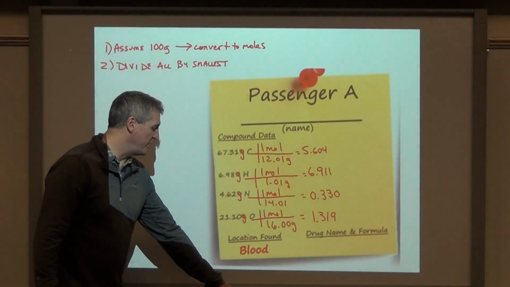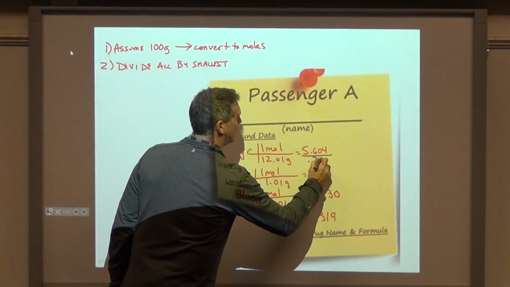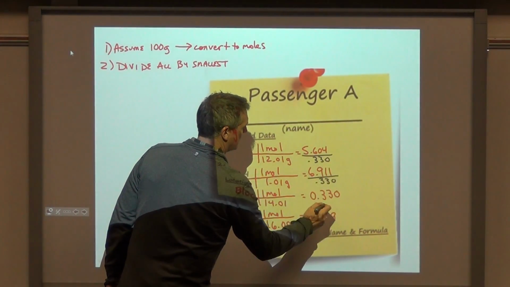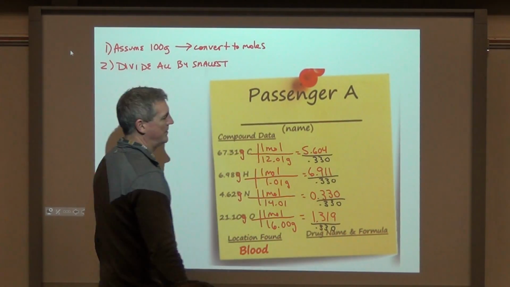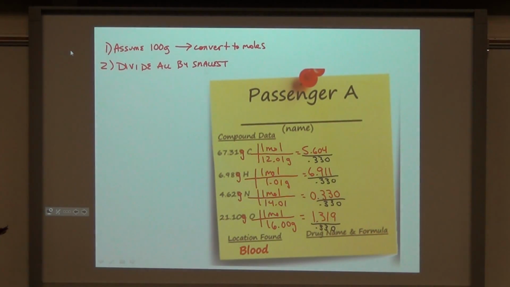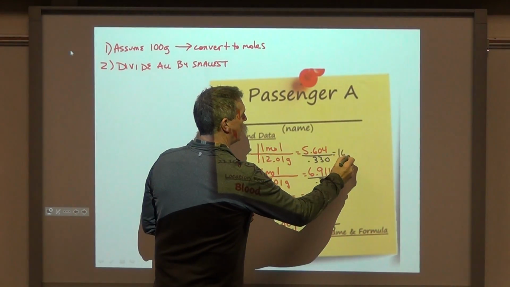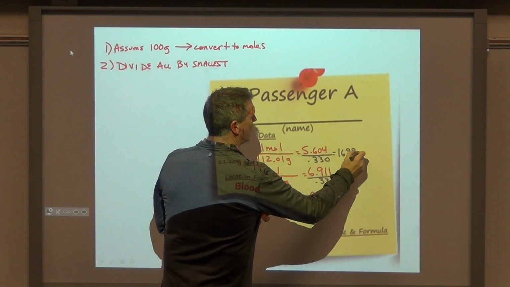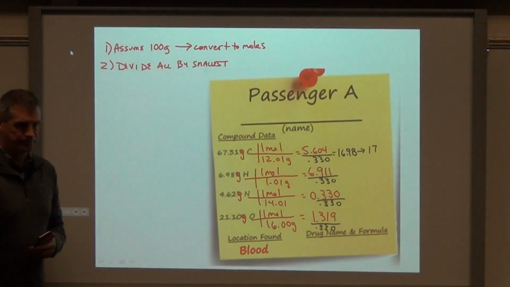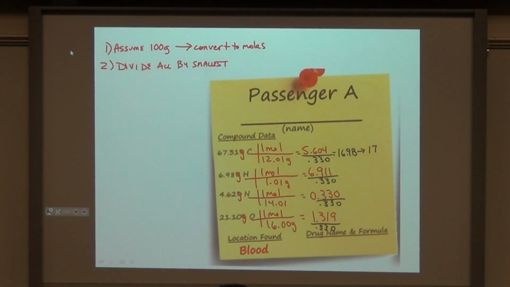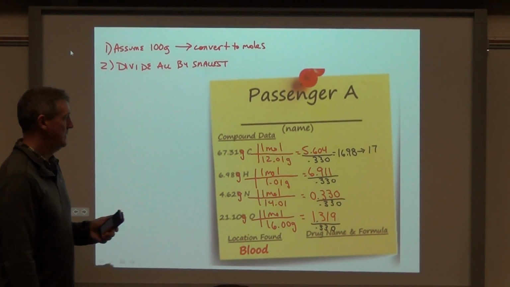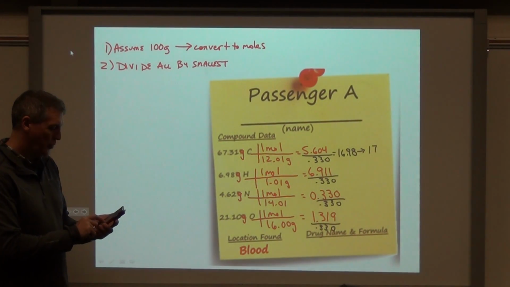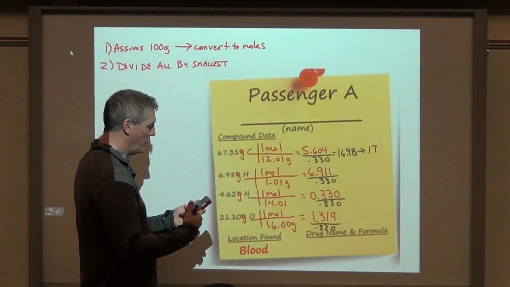So we're going to be dividing everything by 0.330. The first one gives me 16.98, which is really darn close to 17. 6.911 divided by 0.330 is 20.94242.